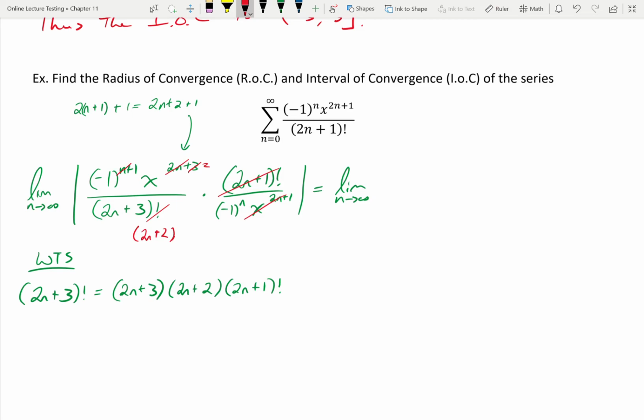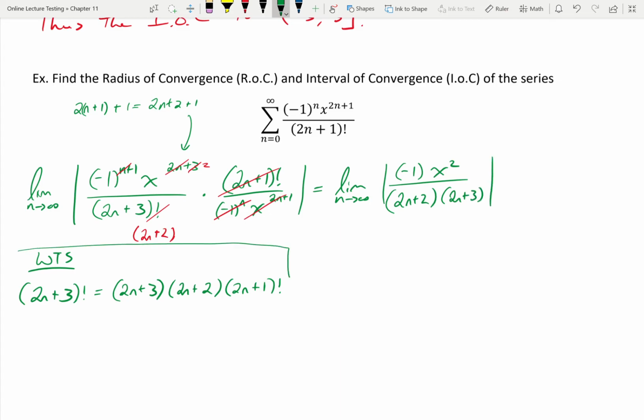And then we're going to cancel out a -1 to the n, leaving me the following. So I did cancel a lot of stuff out, so go back through and watch that one more time. All right, I'm left with a -1 x squared, and on the bottom I have 2n plus 2 and 2n plus 3. All right, so I'm going to box this off.